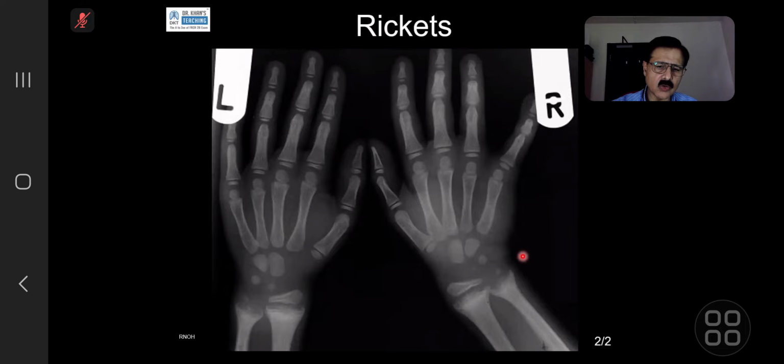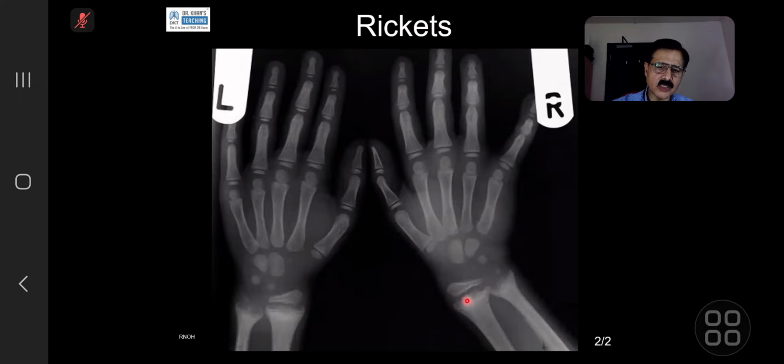Now, when there is a growing skeleton, there is a zone of growth plate, and there is a zone of provisional calcification. So from here to here is the growth plate. Usually the growth plate is calcified. We call it zone of provisional calcification.